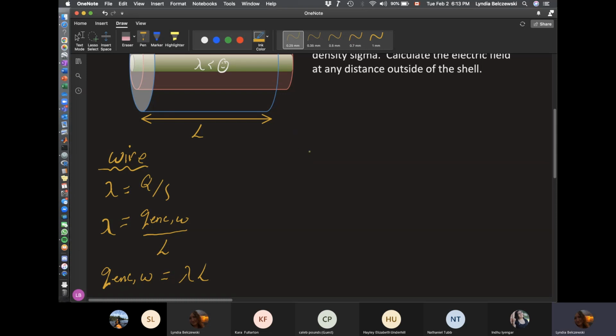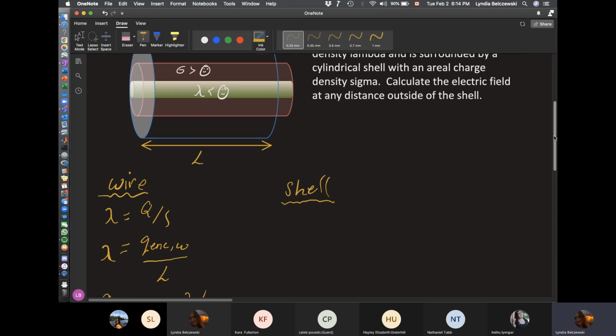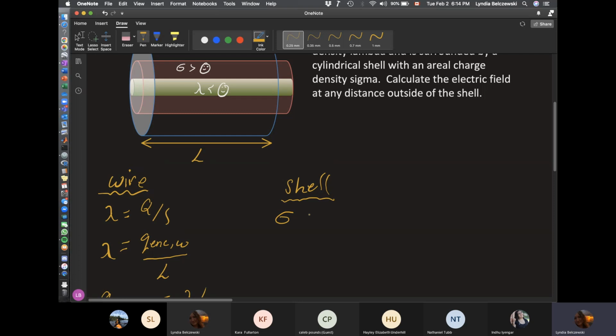Okay, and so now we can do the same type of thing, but for the cylindrical shell. So we'll just call this the shell. The shell has a charge density. It's an areal charge density. So sigma is a measure of charge per area.